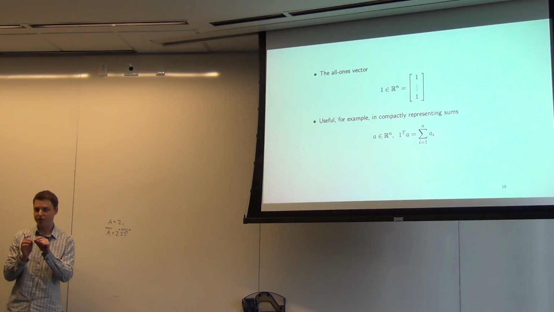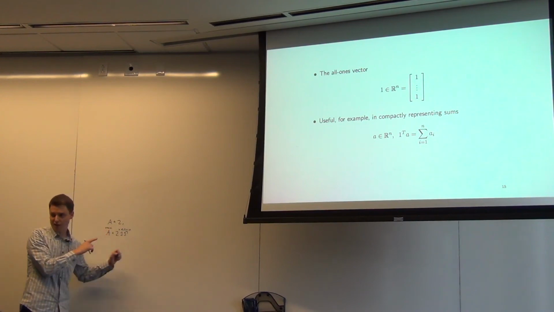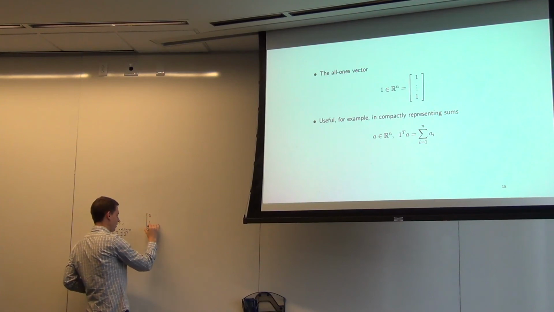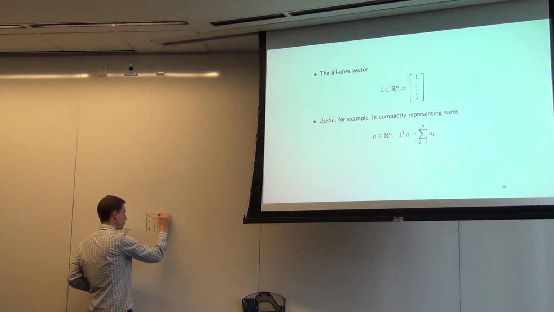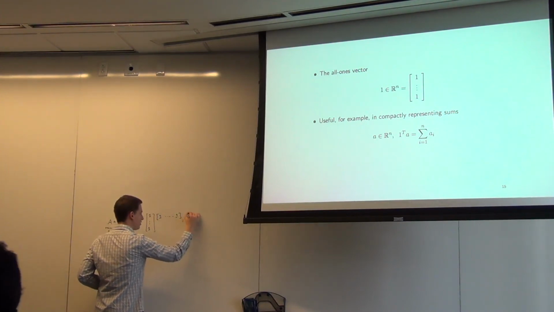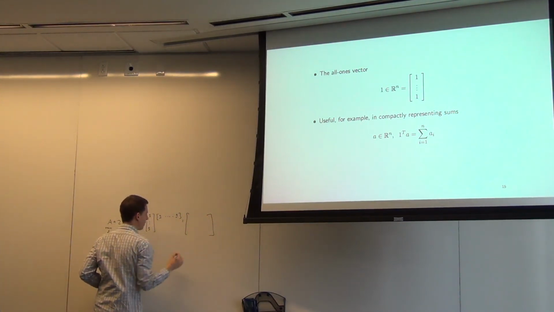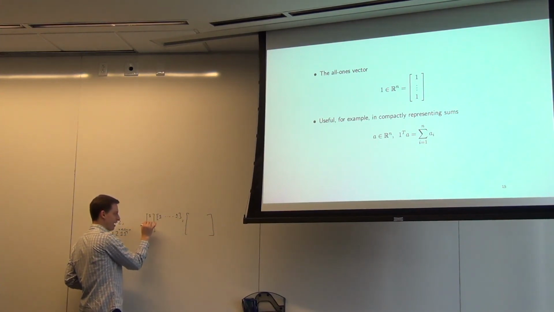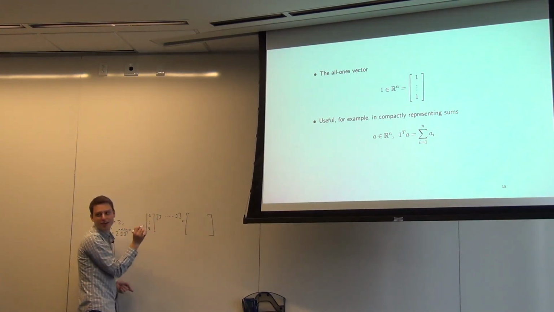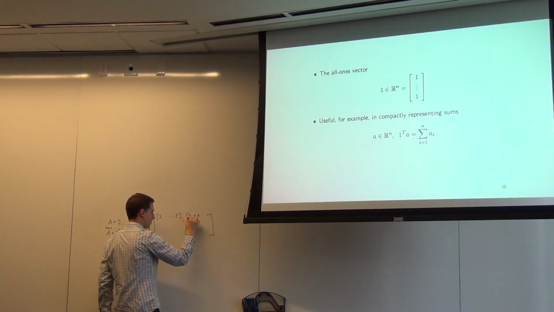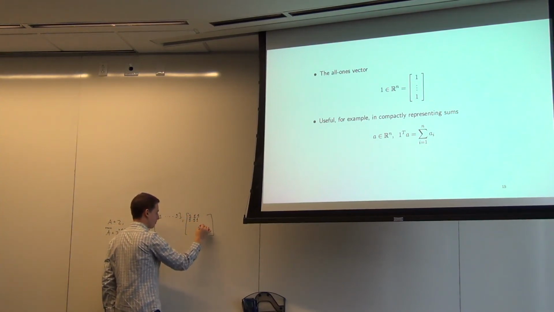Does everyone get that? What you have here is this column vector of ones times this row vector of ones, and that gives us a rectangular matrix where the ijth element is this element times that element, which are both 1. So every element here is going to be a 1.